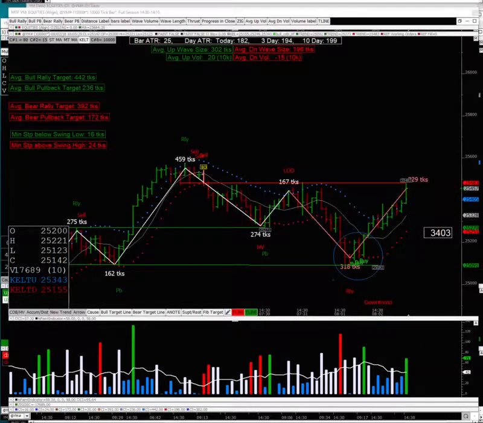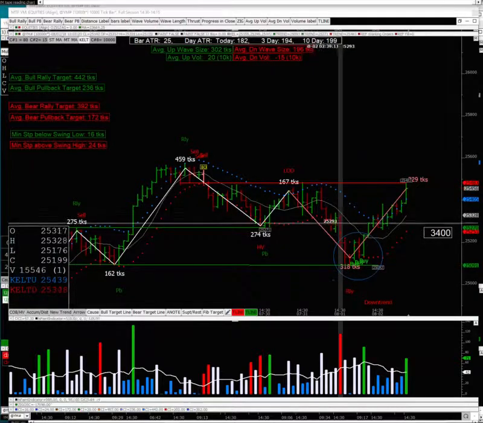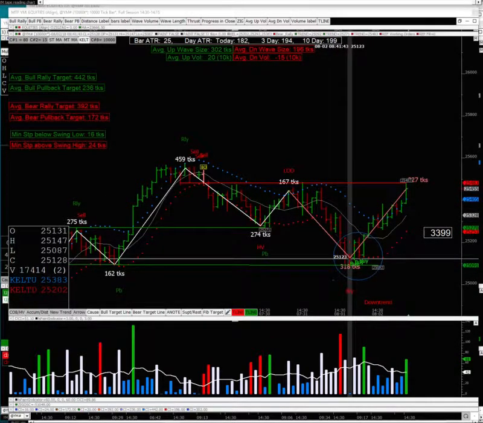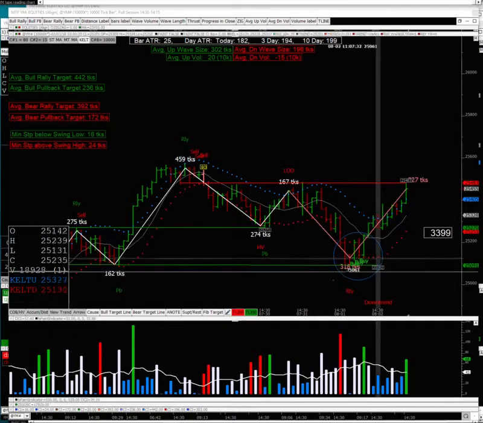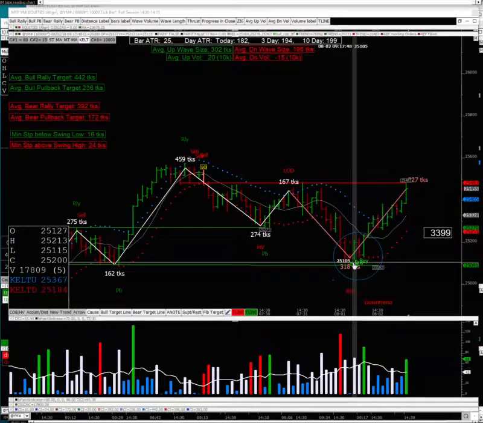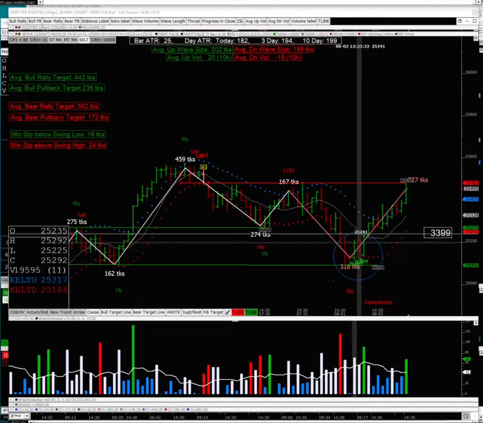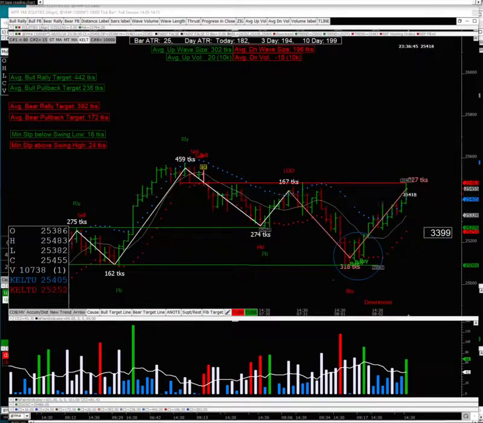So on the wave down, we saw the heavy volume come in at that level, and that's enough to cause a rally. That's enough to say that demand is greater than supply.